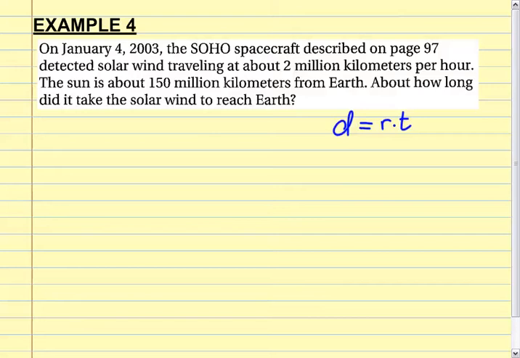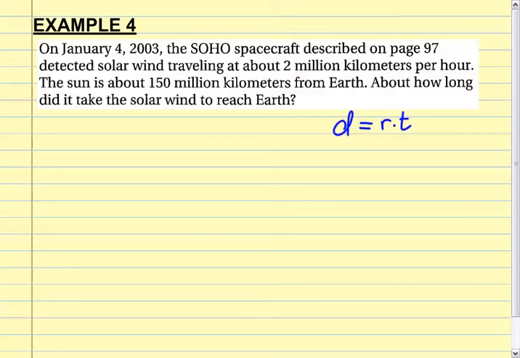Now, when you look at this problem, at the end it says, about how long did it take the solar wind to reach Earth? Which of these three variables do we not know? Which of these three variables are we trying to find?